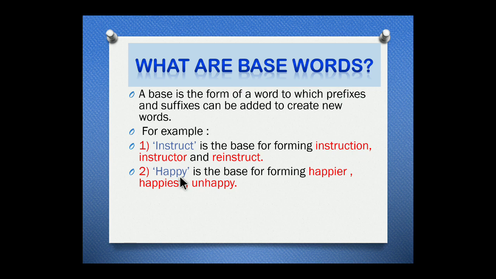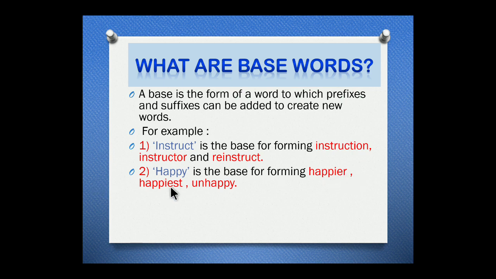Next, second, happy. Happy, I cannot break down more, so happy is the simplest form here. Using this base word, I can make happier, that is I'm adding IER. Now notice here, students, at the end there is Y and here there is I. Why do I write I in place of Y? It is because happy is an adjective, and if an adjective ends with Y, you end your word by writing I in place of Y, followed by IER or IEST.